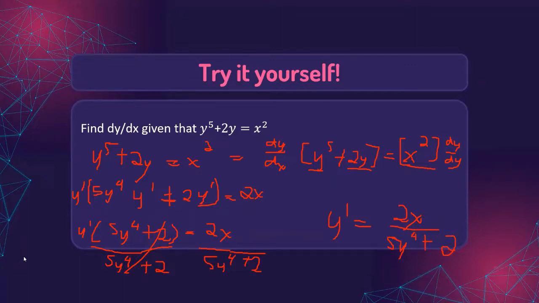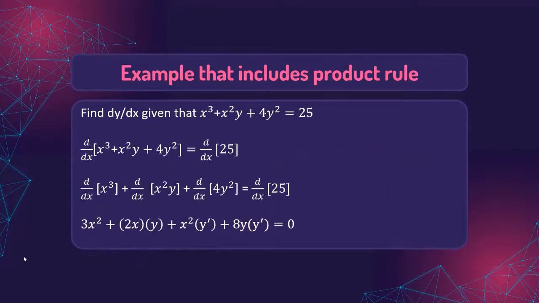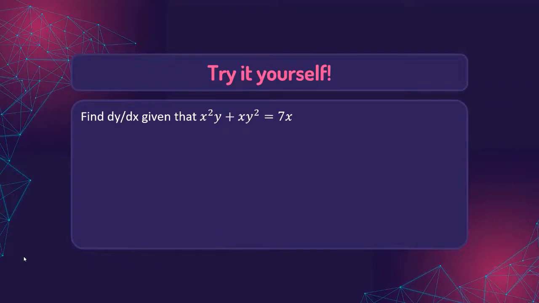Next, let us have an example that includes the product rule. In this, we were asked to find dy/dx given that x squared y + xy squared = 7x. Again, the first thing that we need to do is to differentiate both sides with respect to x.